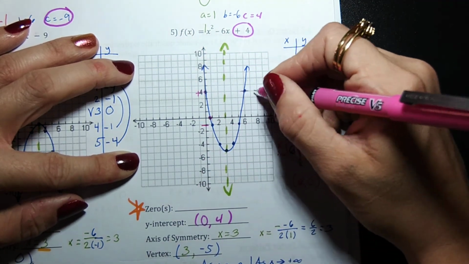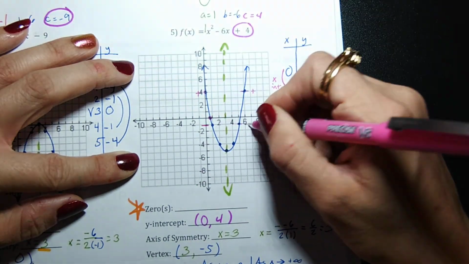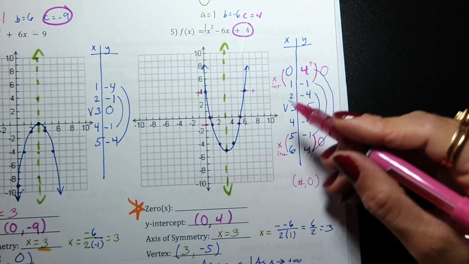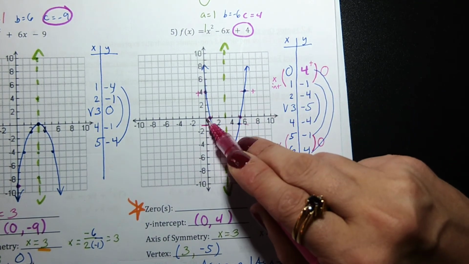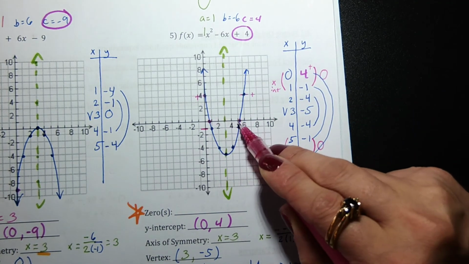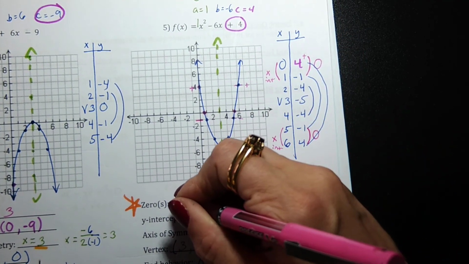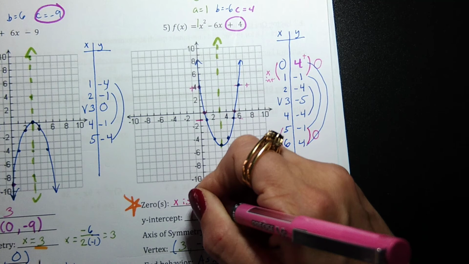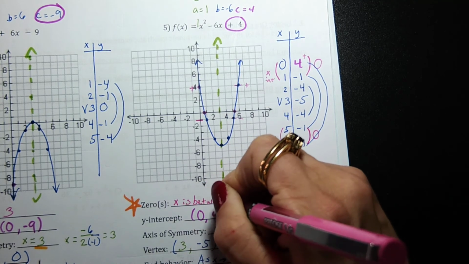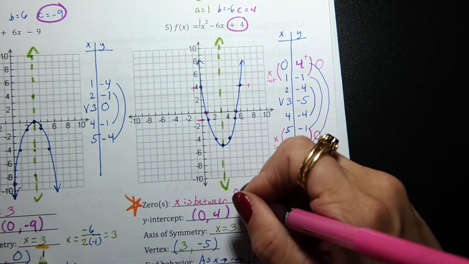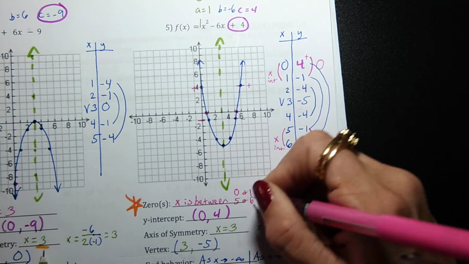We can also kind of tell from the tick marks on our graph that my x-intercept is somewhere between 0 and 1 and between 5 and 6. So that's how we are going to write our answer. X is between 0 and 1 and 5 and 6.